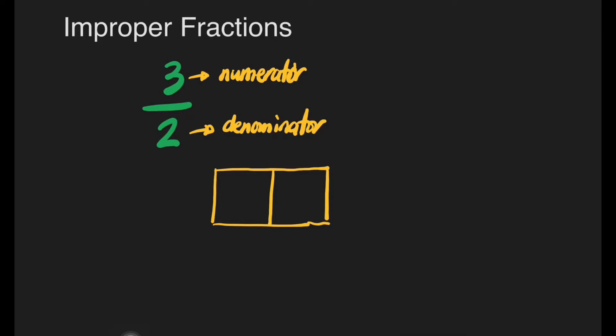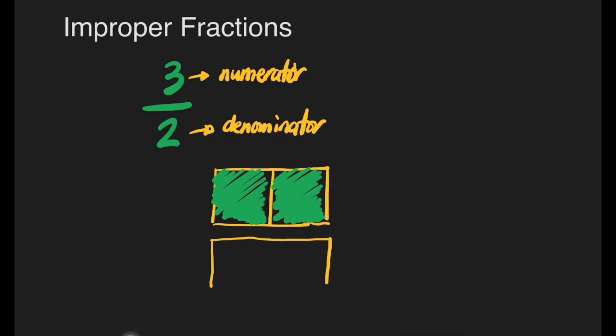Okay, let's shade first this one. 1, 2, and we still need to shade 1 more part. So we have to create another box, the same box, so that we can have 3 shaded parts.